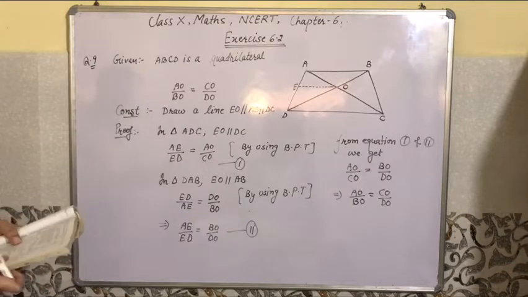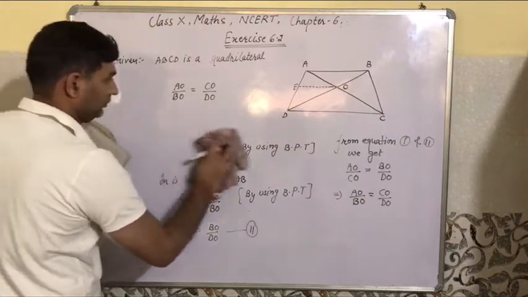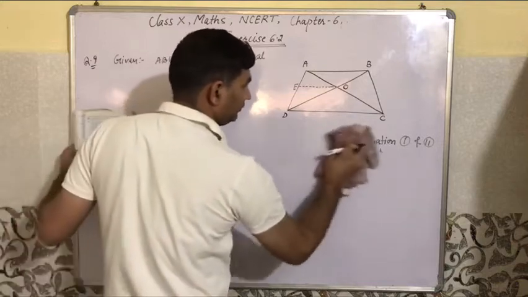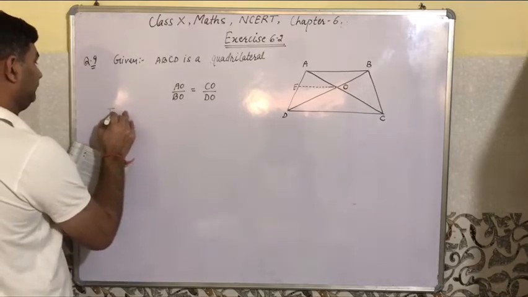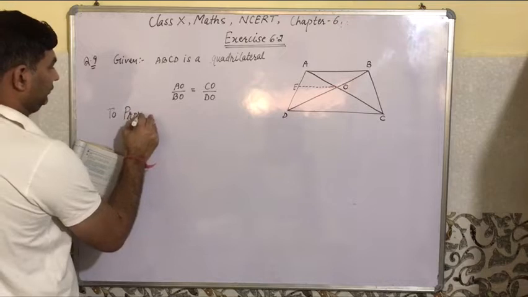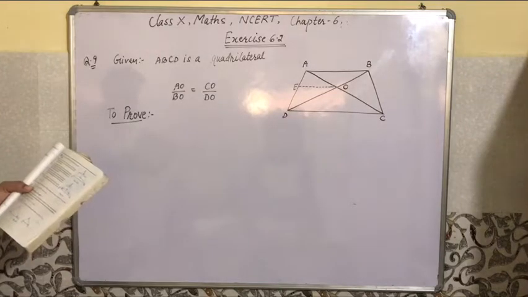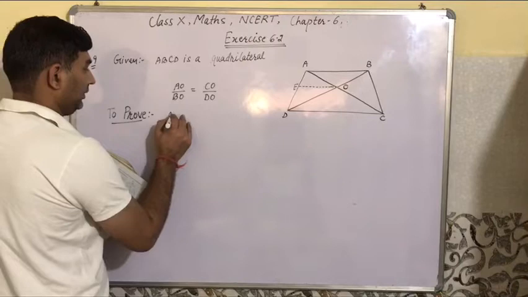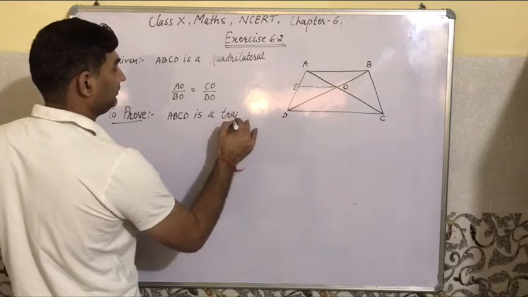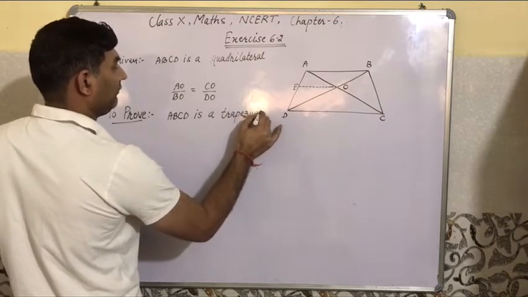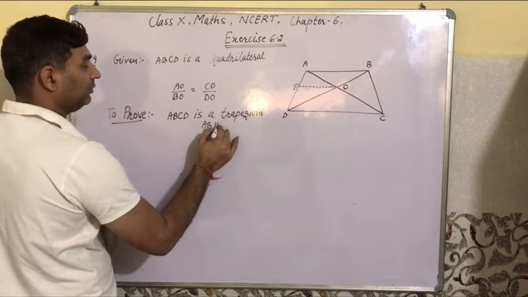And then prove that. Now what do we have to prove? We have to prove that the quadrilateral which is given is a trapezium. ABCD is a trapezium. And we know what a trapezium is: one pair of opposite sides is parallel, then AB parallel to CD.